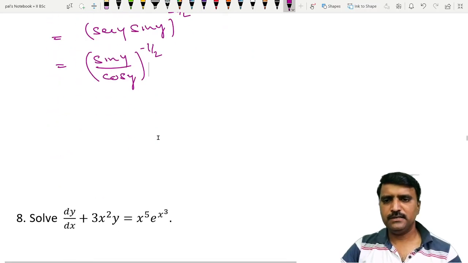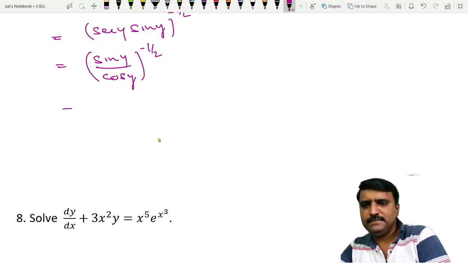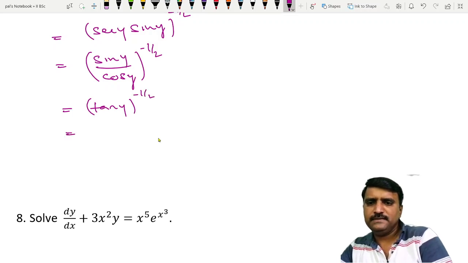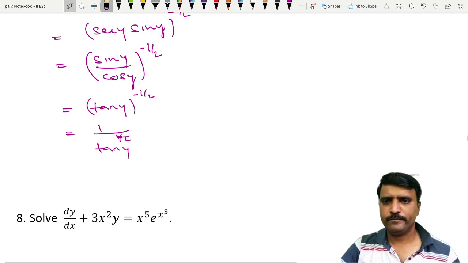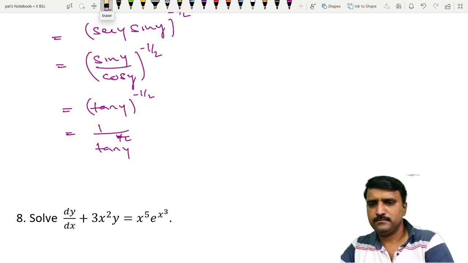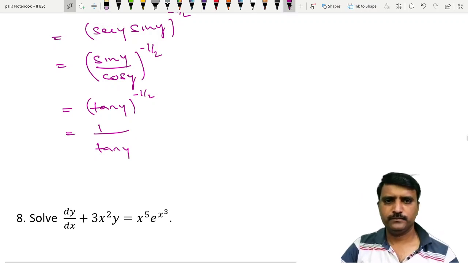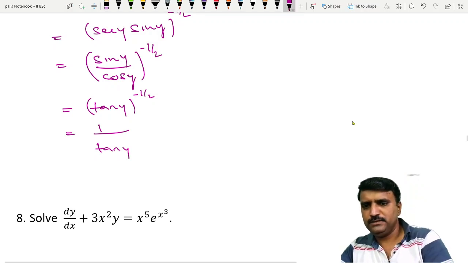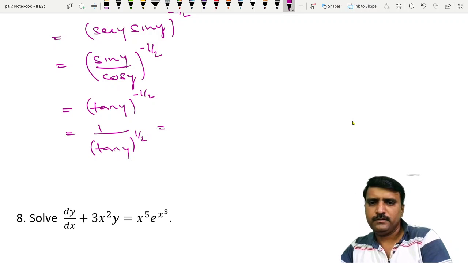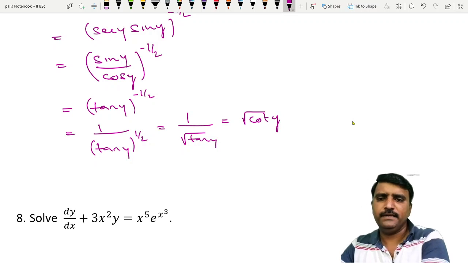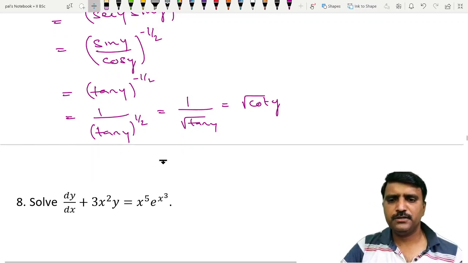Sin y by cos y is tan y, which is equal to tan y to the power minus 1 by 2, which is equal to 1 by tan y to the power 1 by 2, which is 1 by square root of tan y, or you can write it as square root of cot y. So the integrating factor is square root of cot y.